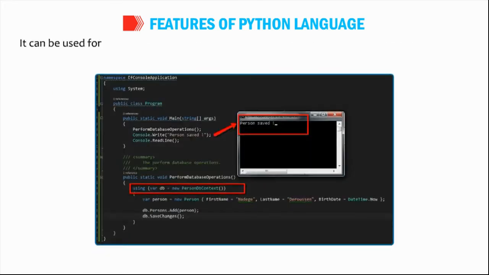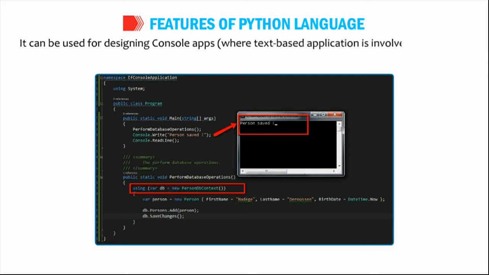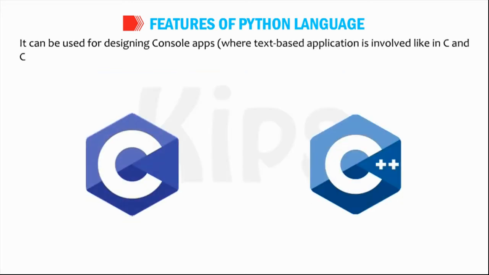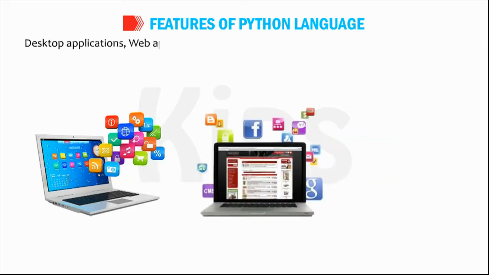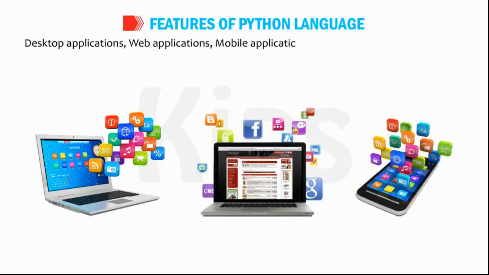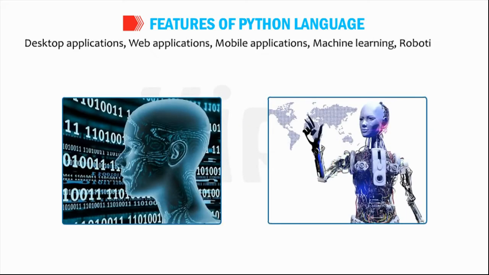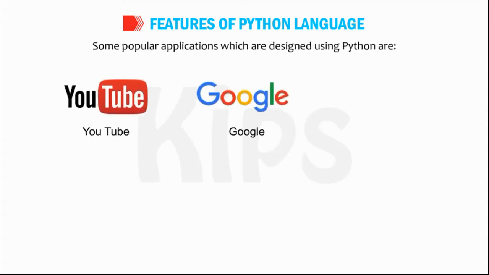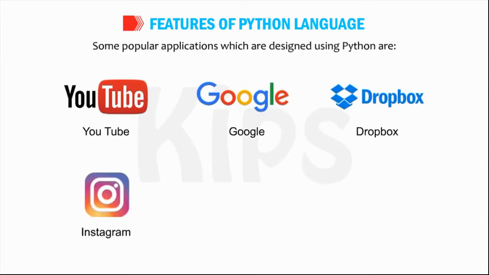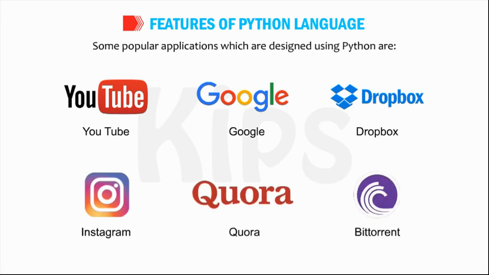It can be used for designing console apps where text-based application is involved, like in C and C++ language, desktop applications, web applications, mobile applications, machine learning, robotics, and performing scientific computing. Some popular applications which are designed using Python are YouTube, Google, Dropbox, Instagram, Quora, BitTorrent.